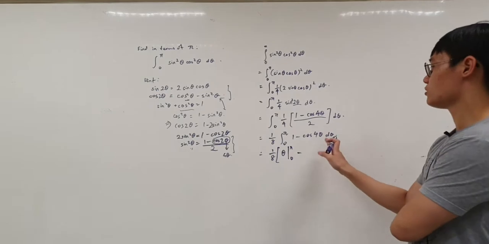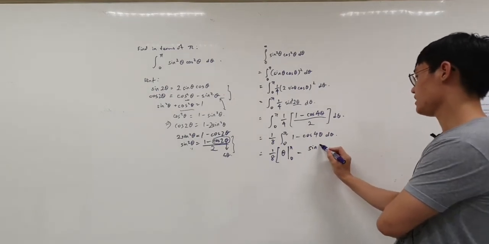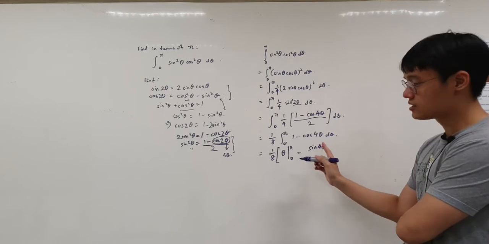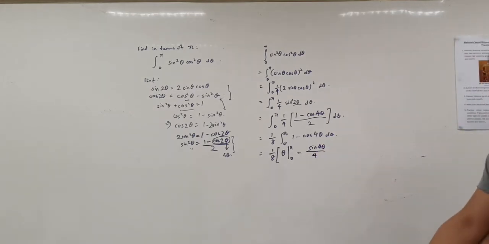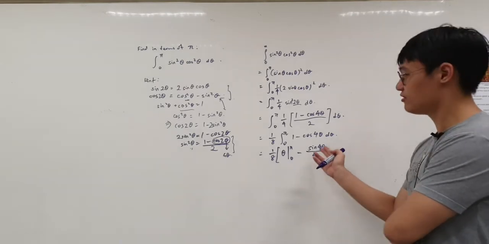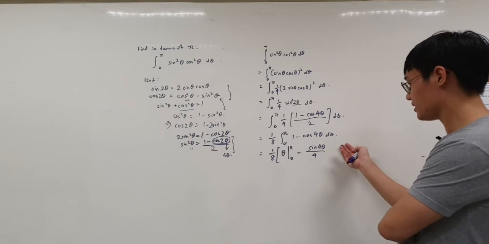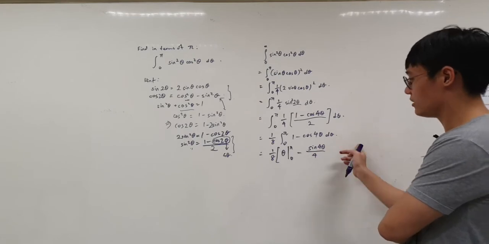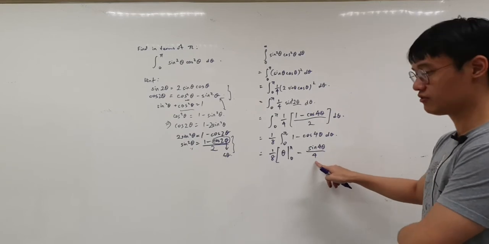The integral of cosine 4 theta is simply sine 4 theta, but you have to divide it by 4 because of chain rule. You can check it and see whether it differentiates to cosine 4 theta. If you differentiate sine 4 theta, you get cosine 4 theta times 4. But you have to divide it by 4 to get this. So that's why we have a division by 4 over here.